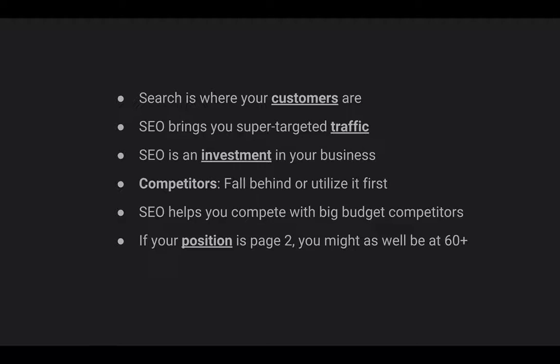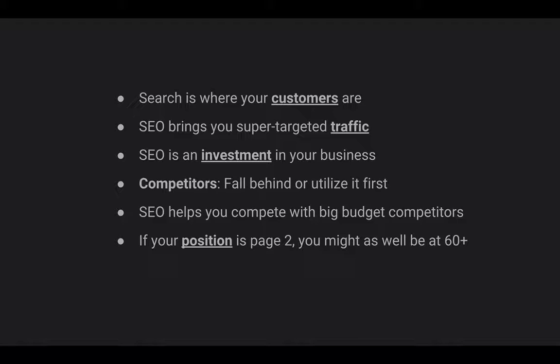Competitors. On the one hand, if your competitors are using SEO, you're going to fall behind. And if they're not using SEO, you are going to be the first to use it, meaning that you will be number one in a search term very, very quickly.